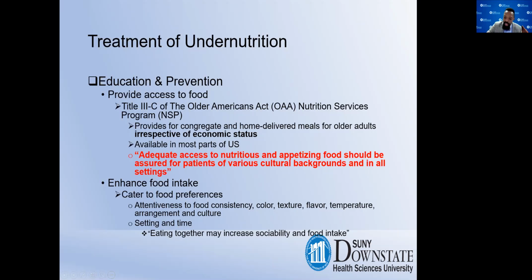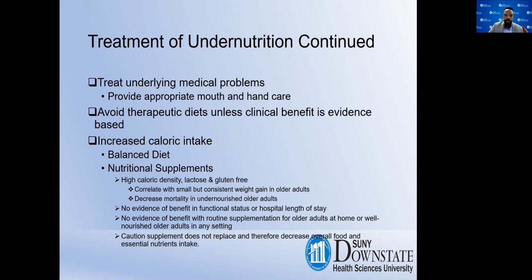It looks good, it tastes good, it smells good, and the temperature has to be adequate too, okay? And the setting is important. There's evidence to show that food intake is enhanced when older adults eat together rather than when they eat alone. So eating together may increase sociability and food intake. Okay? This is huge.